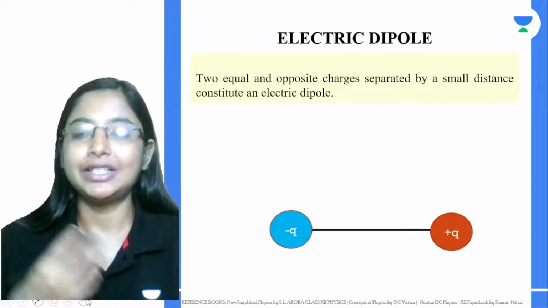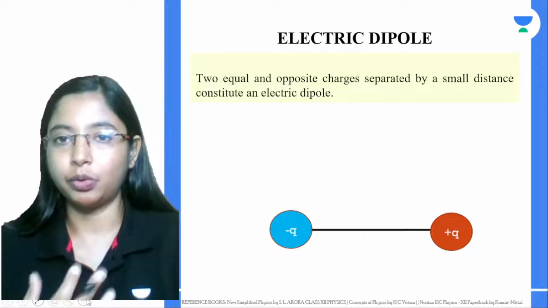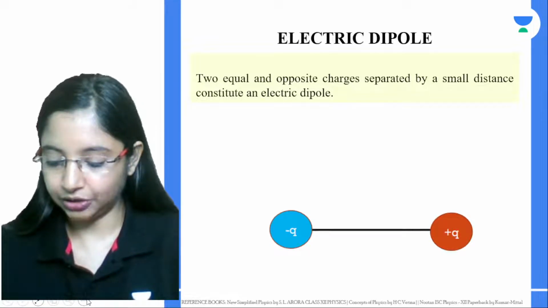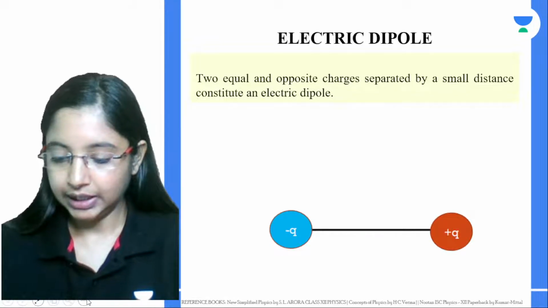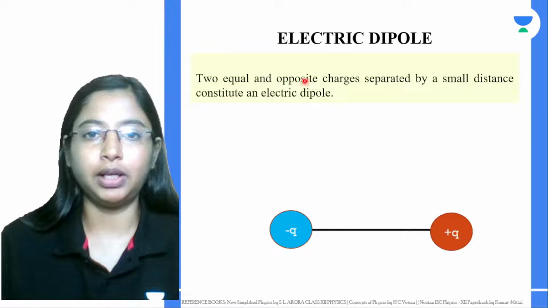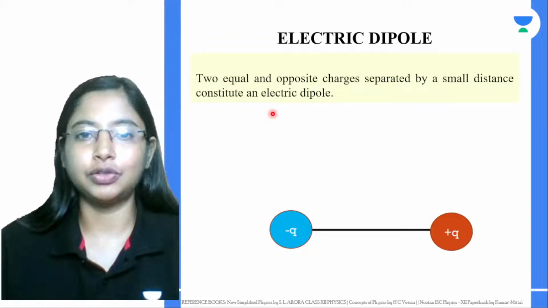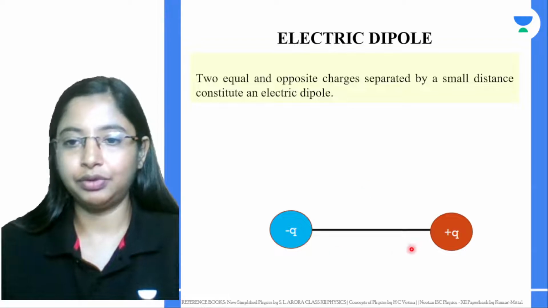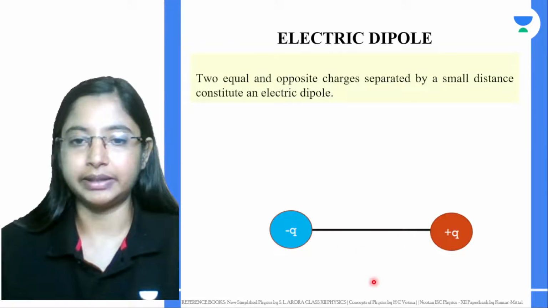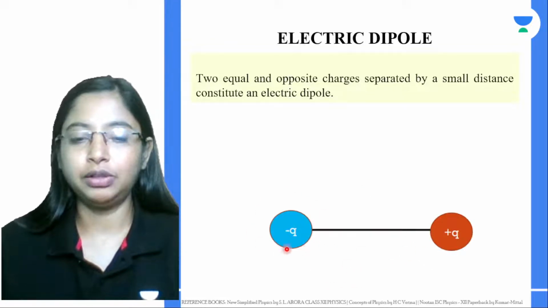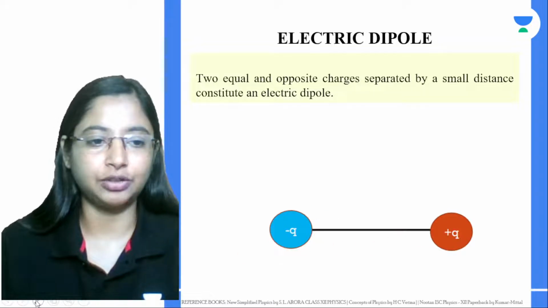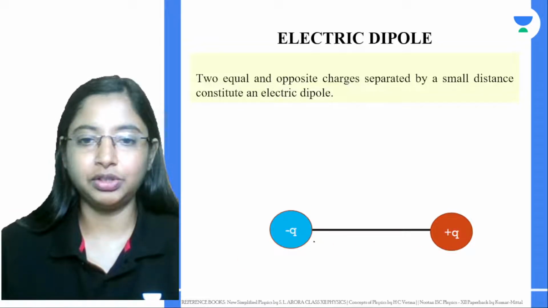Now, the next concept we came up with was the electric dipole. Electric dipoles are nothing but two equal and opposite charges. If they are separated by a small distance, they constitute an electric dipole. The magnitude of both the charges has to be the same.